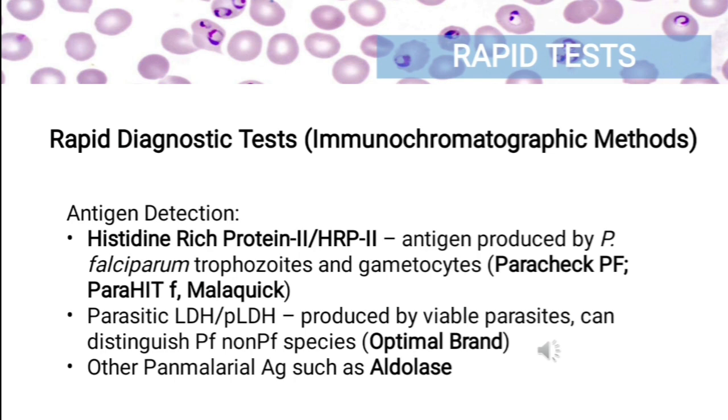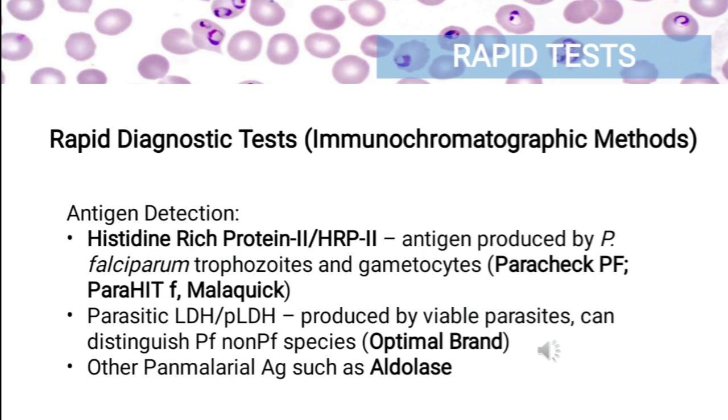Now let us proceed to the rapid diagnostic tests or immunochromatographic methods for blood specimens suspected with malaria. Rapid diagnostic tests for malaria have been developed that employ immunochromatographic methods based on the detection of malarial antigens present in the peripheral blood.